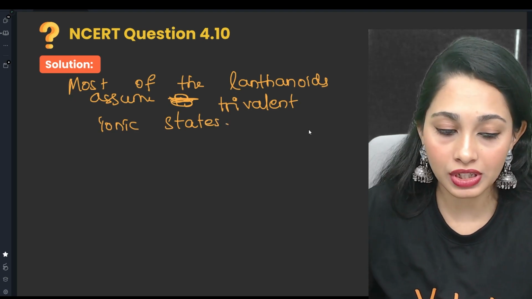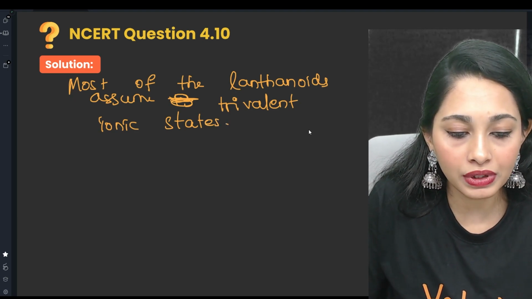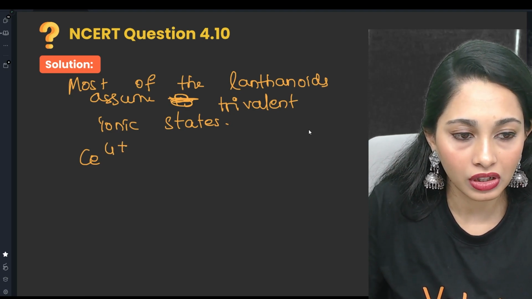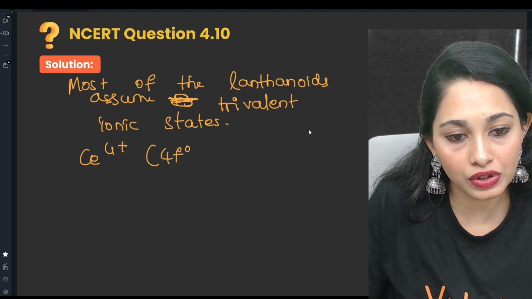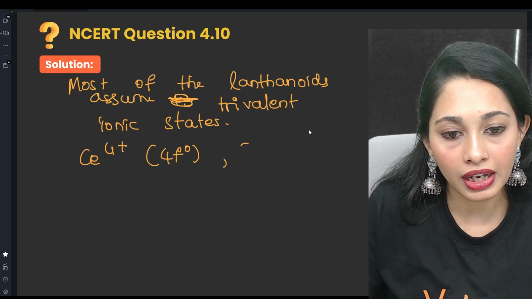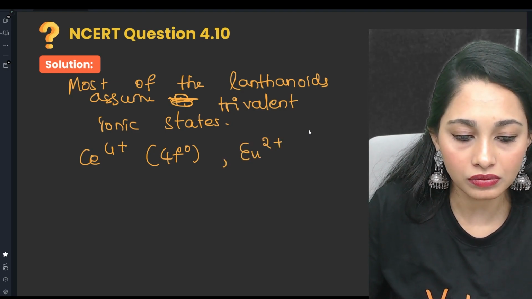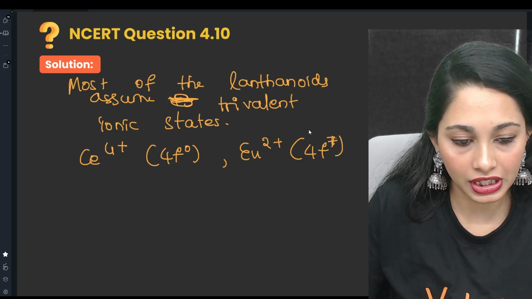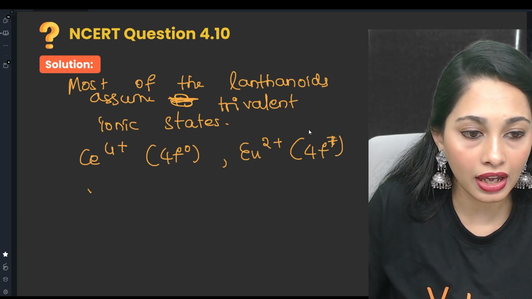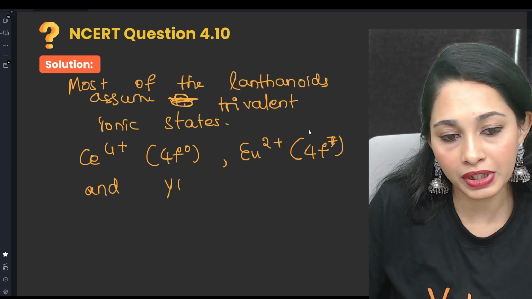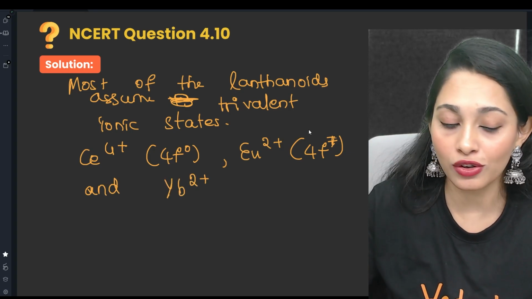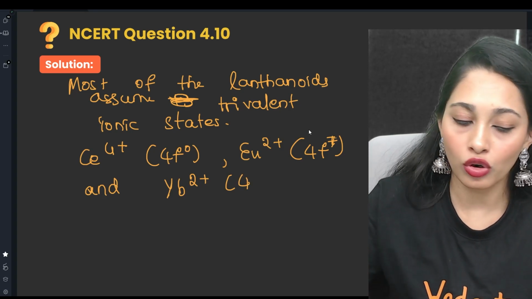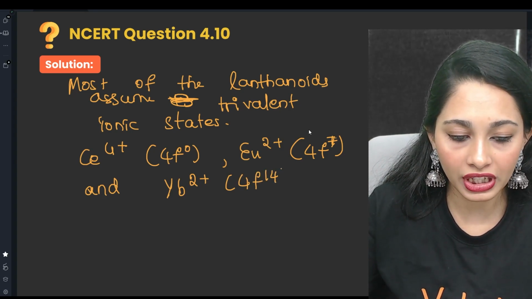There are exceptions though. Example, cerium 4+, which exists in 4f0 configuration. And we have europium, which exists in 4f7 configuration. And ytterbium, Yb2+, exists in the +2 oxidation state, and the configuration will be the noble gas followed by 4f14.